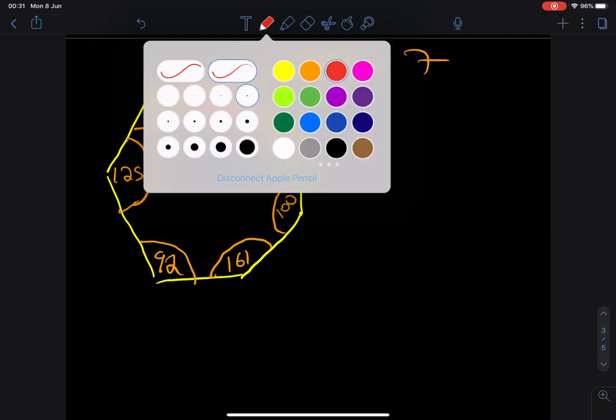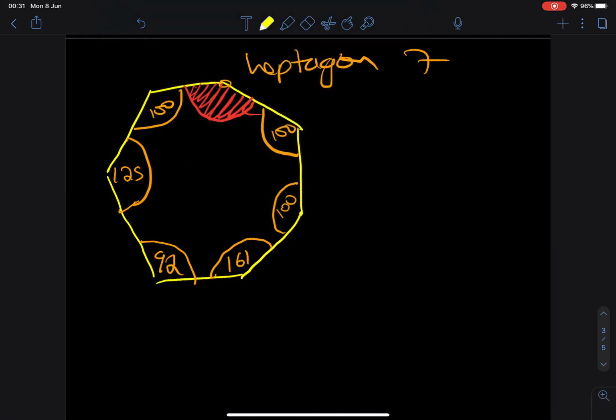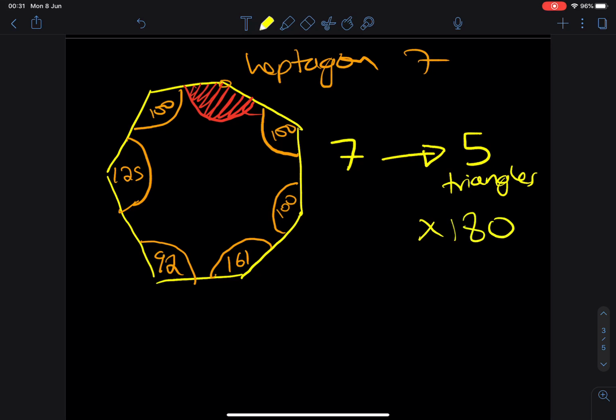Okay, let's see if this works. Based on the fact that it's a 7-sided shape, there must be 5 triangles I can fit inside here. Each triangle is 180 degrees, so 5 triangles would be 180 times 5, which is 900 degrees.